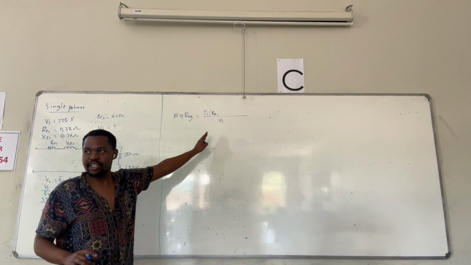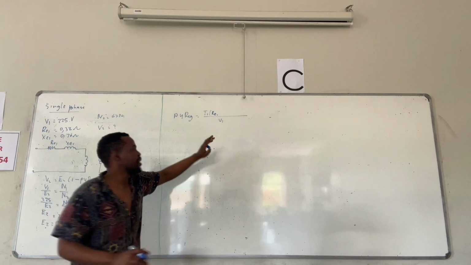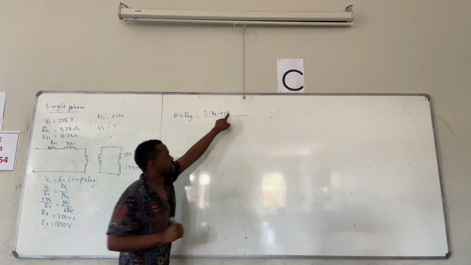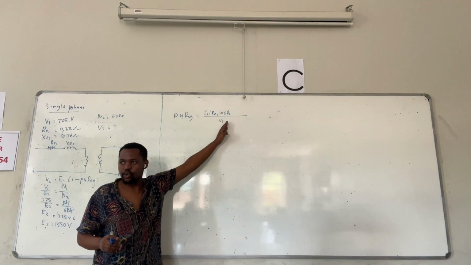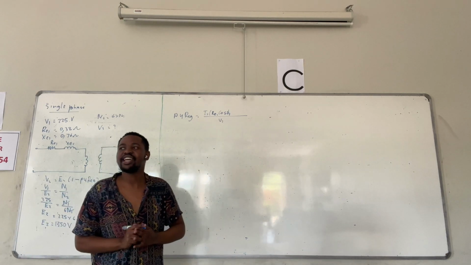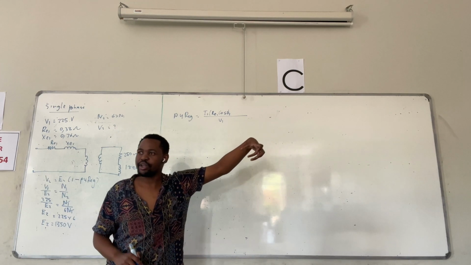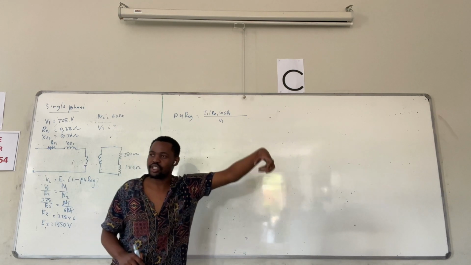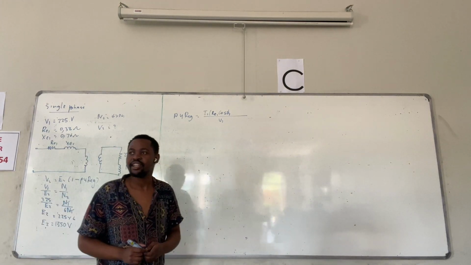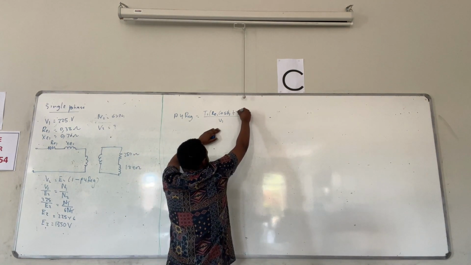You don't include the load here. Then cos theta. Theta depends on the load, because we are talking about voltage regulation, the output terminal voltage, which depends on how much load is on the transformer. The loading on the transformer determines the voltage regulation.